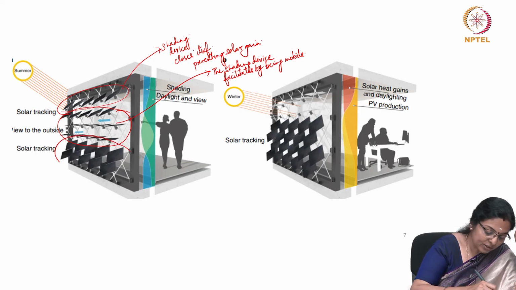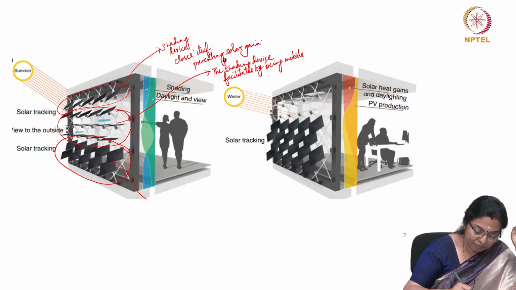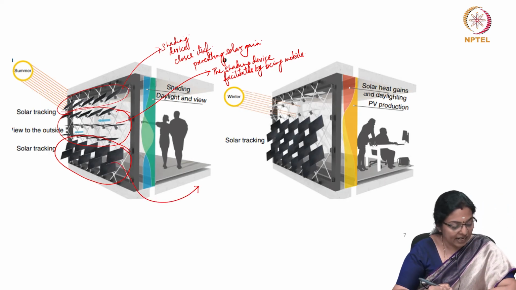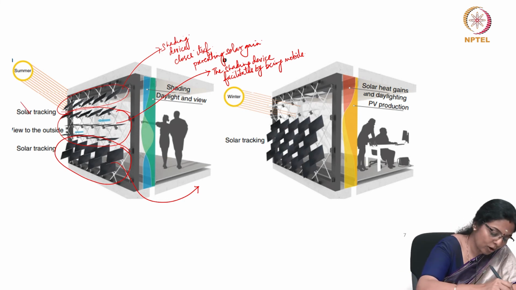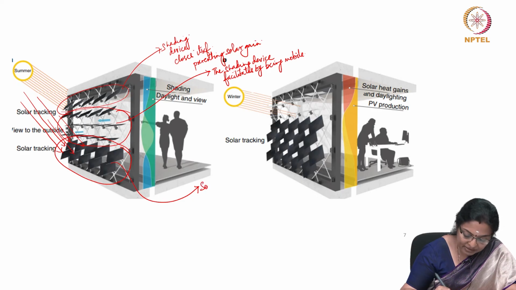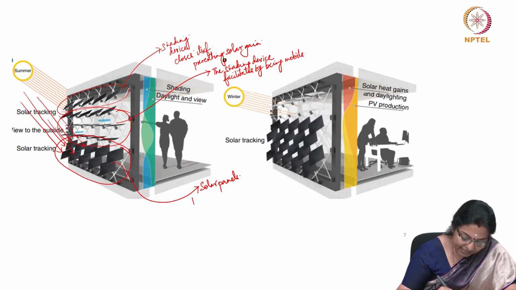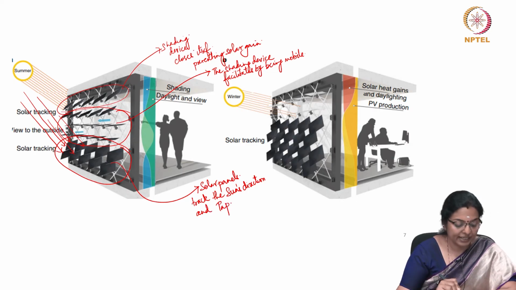The shading device could also be placed such that it tracks the sun's direction. So, what happens? Since it is summer, and if this is the solar radiation angle, these solar panels, which are also a shading device, track the sun's direction and tap the maximum amount of solar radiation.